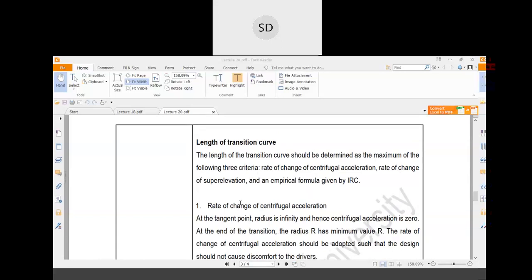Using these three conditions, you have to find out the length of the transition curve. After finding the length with these three conditions, you have to find out which value is the maximum, and the maximum value is the length of your transition curve.